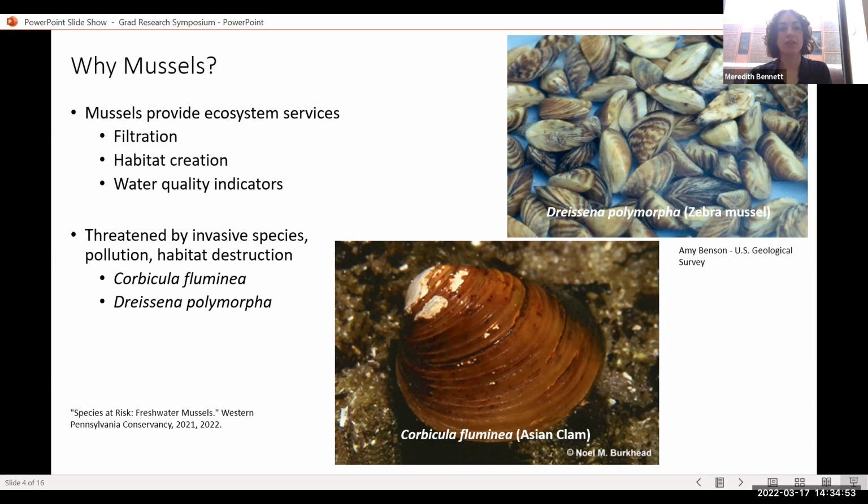And because they're highly vulnerable to pollution and water quality, they're good indicators of water quality. They're threatened by various things, including invasive species, pollution, and habitat destruction. In these pictures, you can see 2 of the key invasive clam species that either compete with native freshwater mussels, or sometimes even attach to their shells to make it impossible for them to feed.